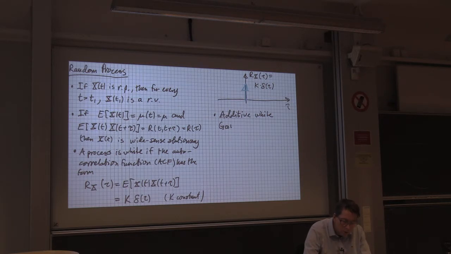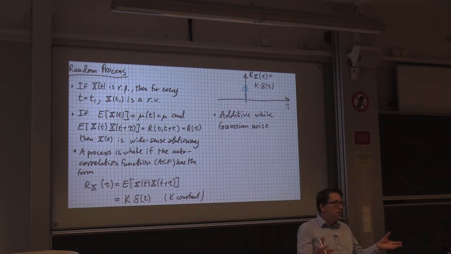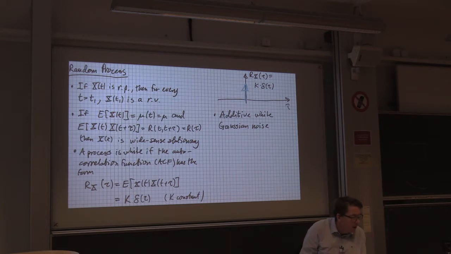So we have additive white Gaussian noise. Okay, additive is not so important. It just means that the channel adds this type of noise to the transmitted signal. So white Gaussian noise, what can we say about that?